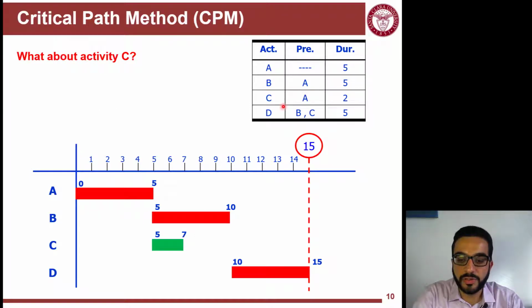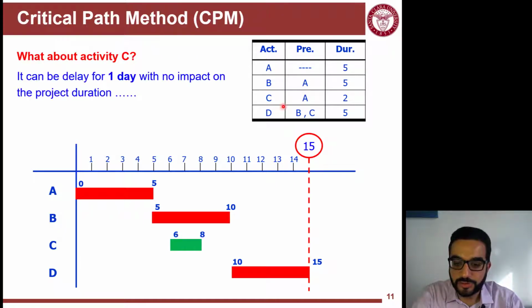The next thing to look at is, what about C? If A, B, and D are critical activities, what is C then? Of course, non-critical. That's the other binary option we have. But if you look here, if I push C 1 day, the outcome didn't change. I will still be able to deliver this project in 15 days.